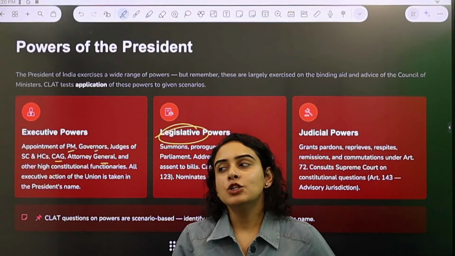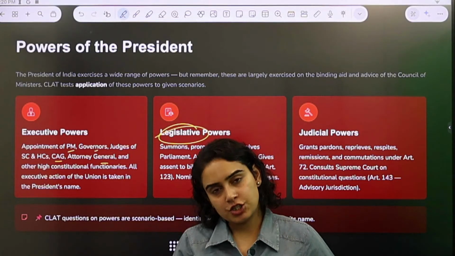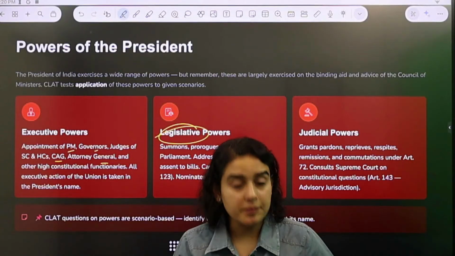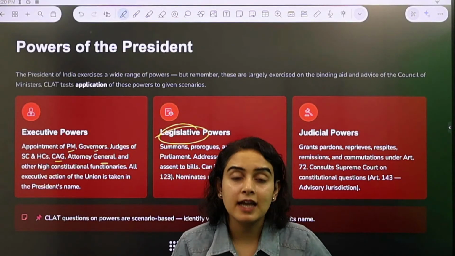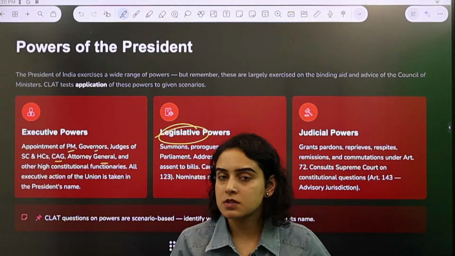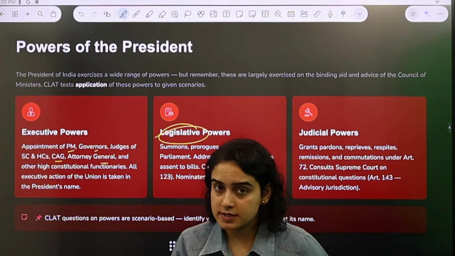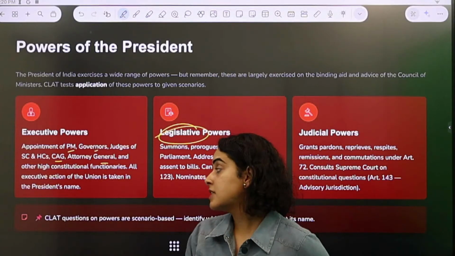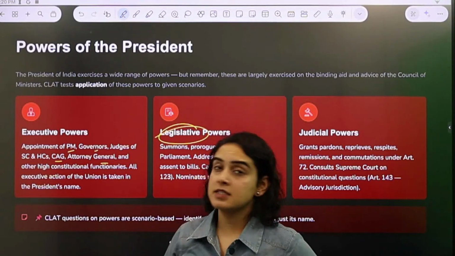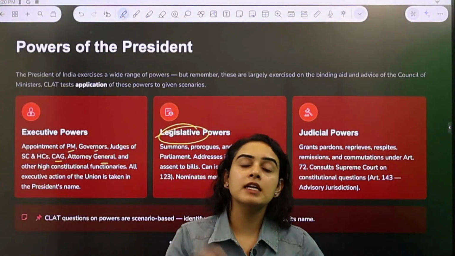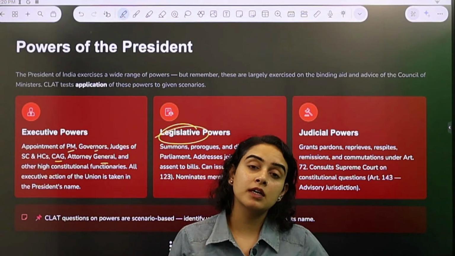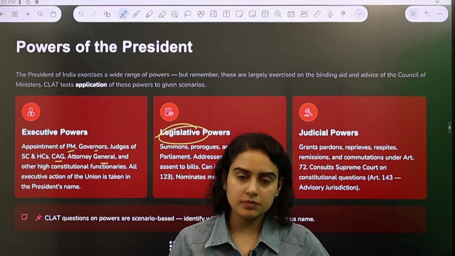Okay. So when the parliament is not in session, during that time, the president can make temporary laws. Those temporary laws are called ordinances. Those ordinances are applicable as if they are real laws till the time the parliament comes in session again.